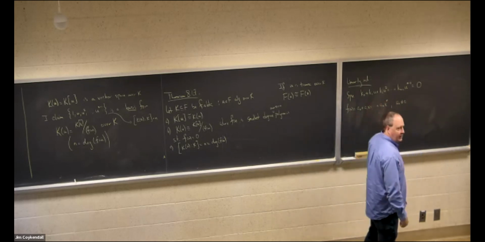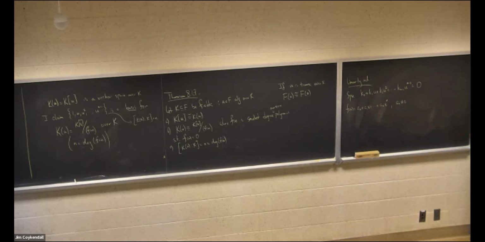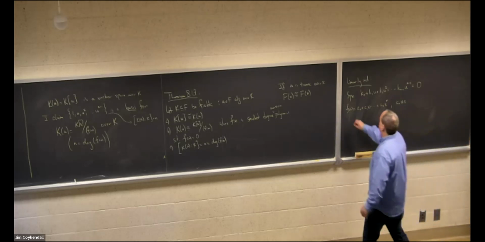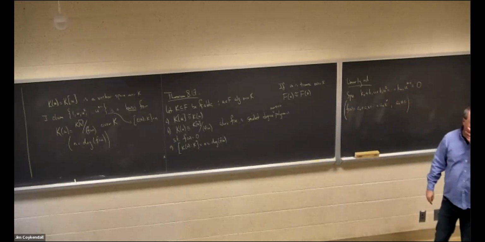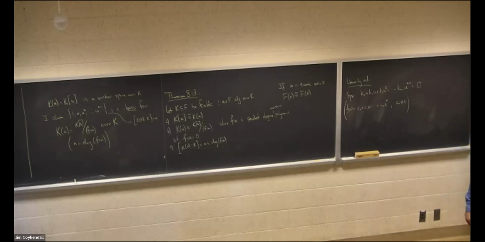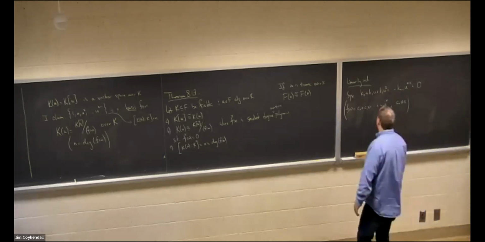Because remember, f of x is honest to goodness degree n, so that means the leading term is not 0. Anybody tell me what's the matter with this? Okay, there we go.